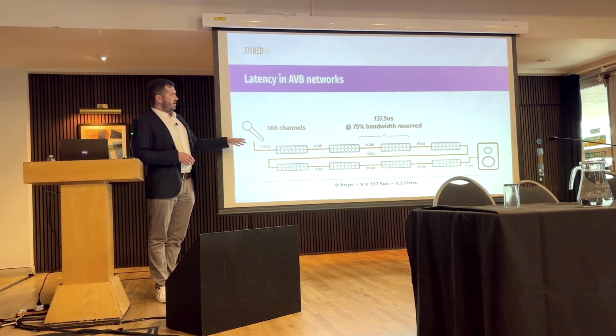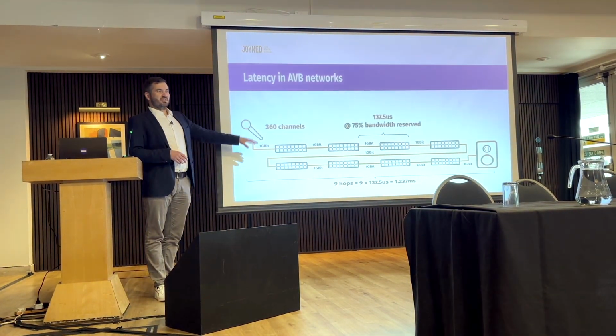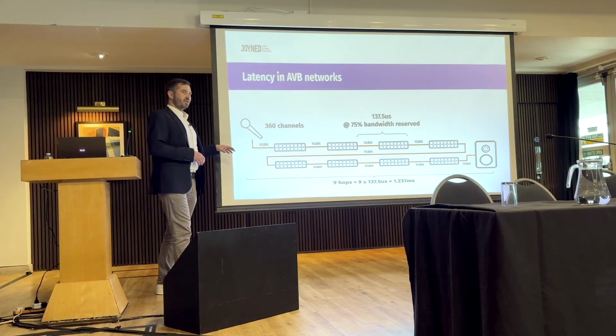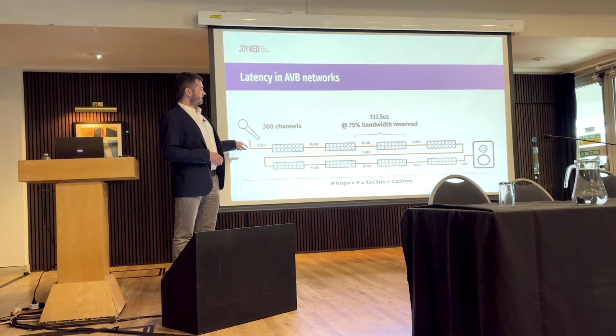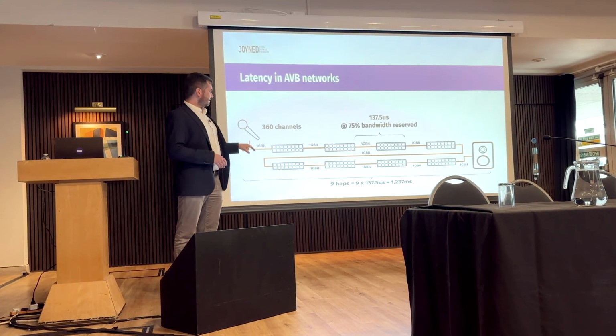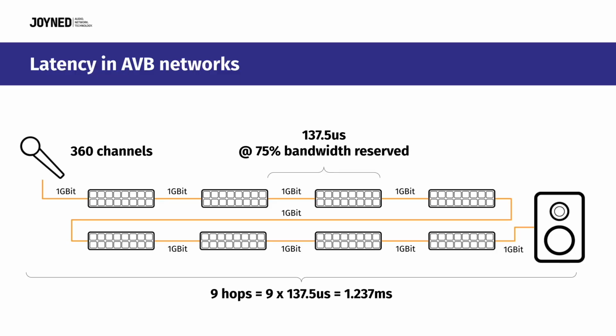Let's go a bit bigger. I would say this is already a very large network. In a large installation in a regular festival scenario, you will probably not find that many switches between your endpoints. But even if we have 9 hops, we can still achieve 1.2 milliseconds latency.